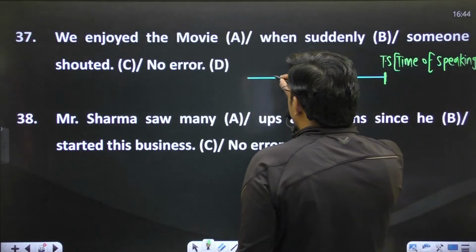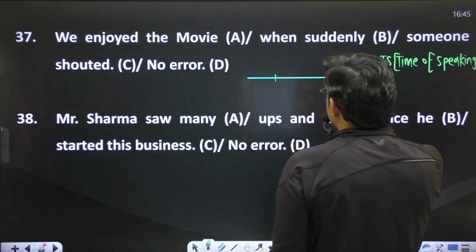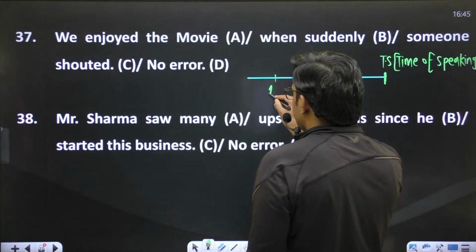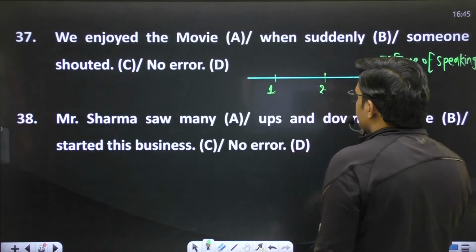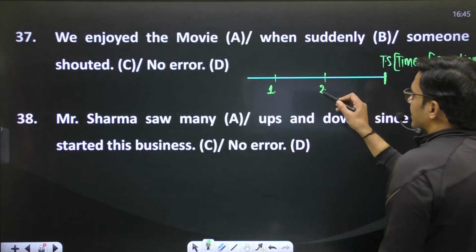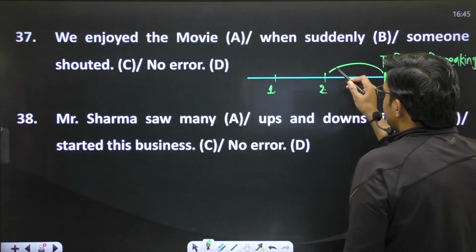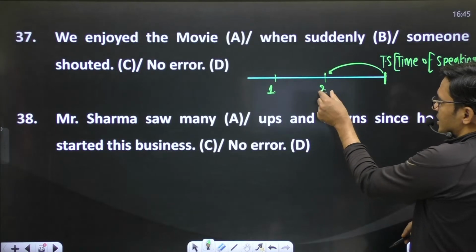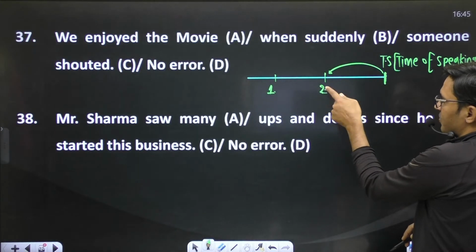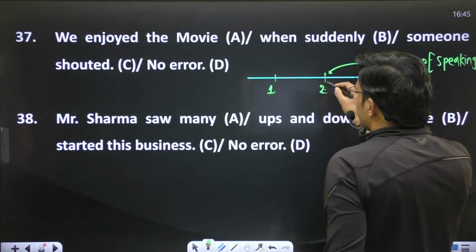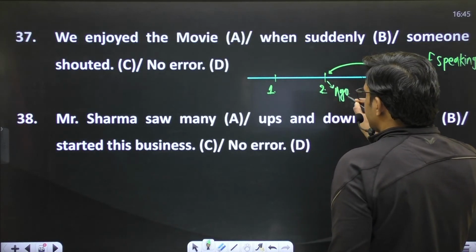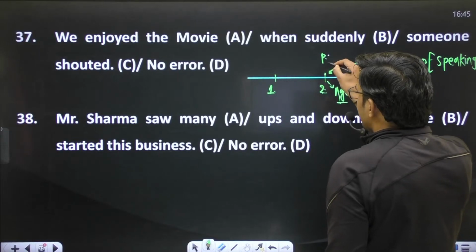If two actions happen in past tense, this is the first action and this is the second action. Make sure this second action is nearer to the present. This is in the past but backward from the present, and this backward from the present denotes "ago", and this action demands past indefinite tense.